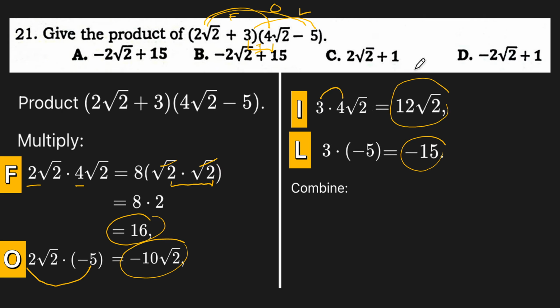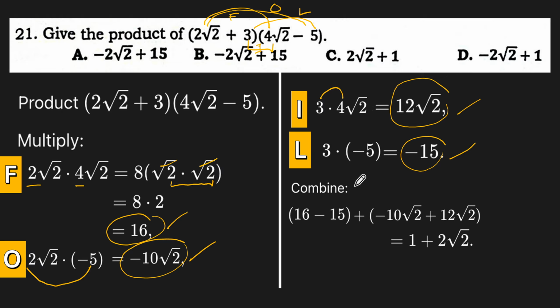Okay, so the next thing, we combine all the results, and then we combine the similar terms. Negative 16 minus 15, the first and the last, because they don't have any radicals. And then we have negative 10 square root of 2 plus 12 square root of 2, the outer and the inner, because they have the same radicals and radicand.